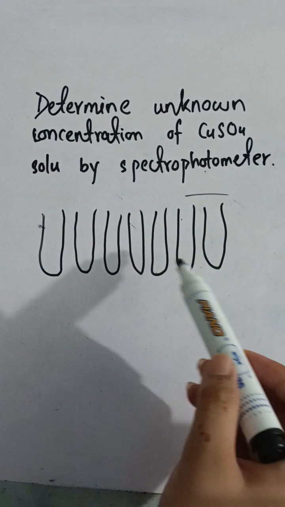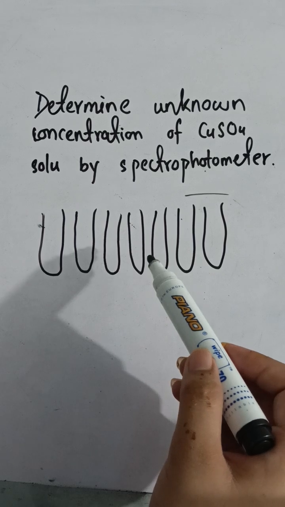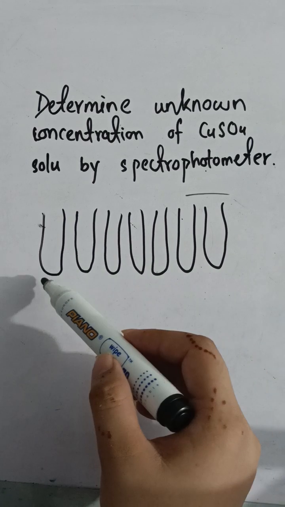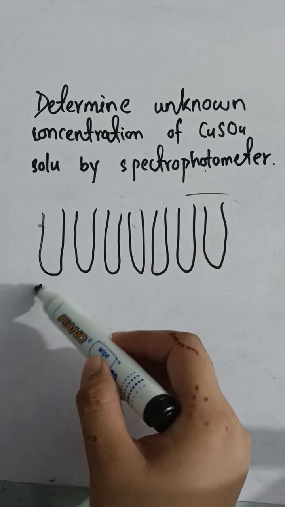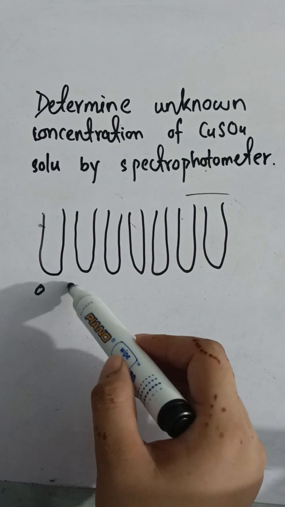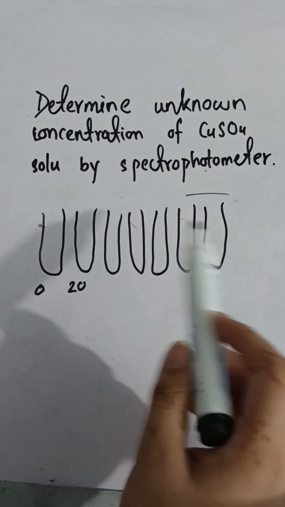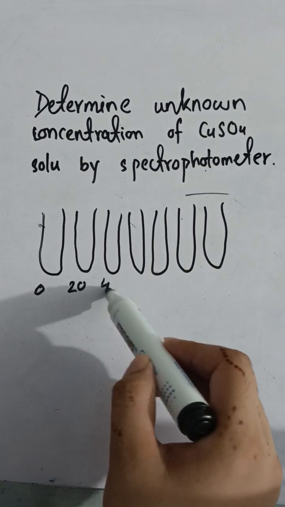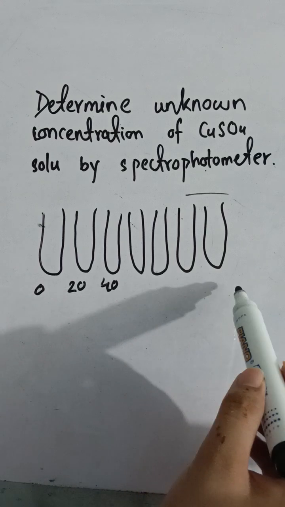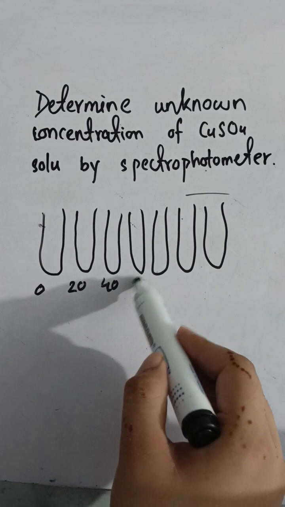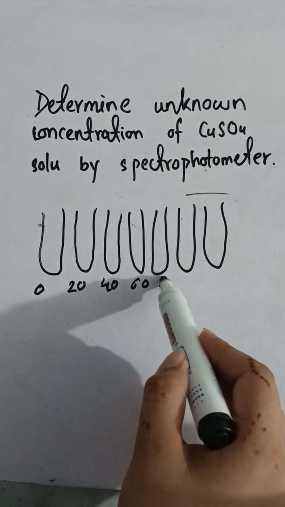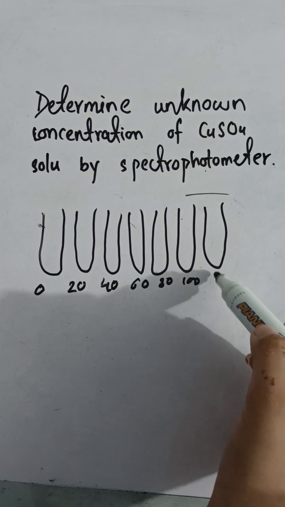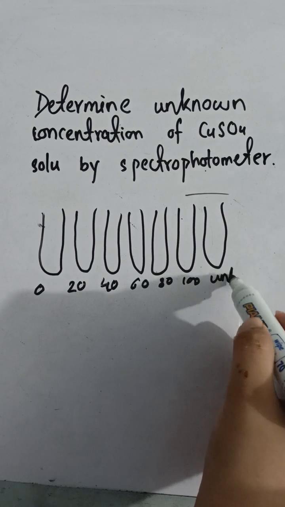Within these test tubes you will take copper sulfate solution having different concentrations, like the first tube having 0 concentration, second has 20, then 40, and gradually the concentration increases. Then it will be 60, 80 and 100, and the seventh test tube contains an unknown amount of it.